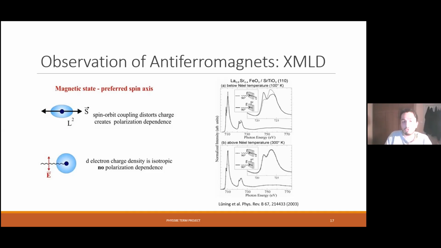So in order to couple the spins with the orbits, we use a linear polarization of X-rays sent into the material to understand the axis and the anisotropy of the antiferromagnetic material. Depending on the intensity, we can understand if my antiferromagnetic spins are aligned like this, or this, or this, in which perpendicular axis we have.